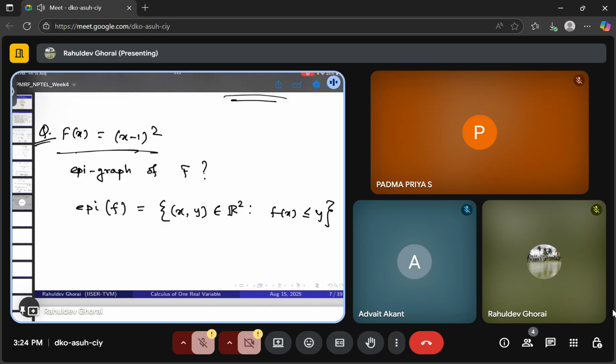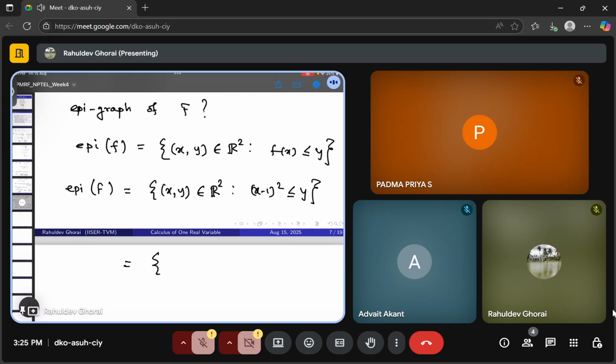Then in this case, epigraph of this function capital F will be (x, y) belonging to R2 such that (x minus 1) whole square has to be less than or equal to y.